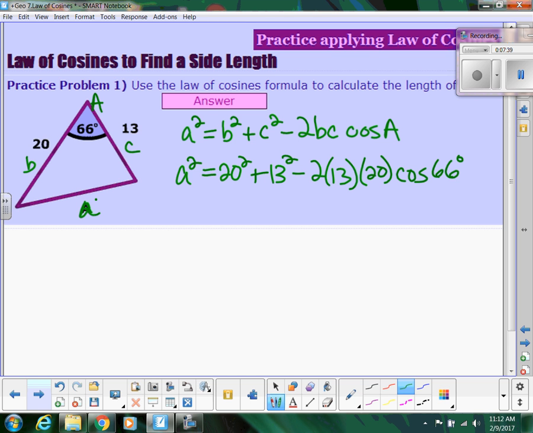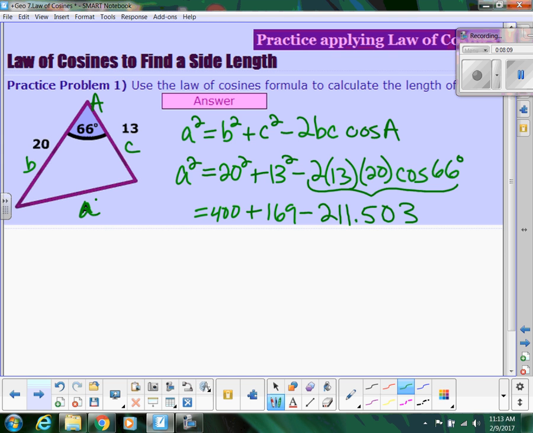All right, so the variable that we're solving for is already isolated on the left. So now we're just plugging things in. So 20 squared is 400, 13 squared is 169, and then I'm going to type all of this in at once. So I'm going to do minus 2 times 13 times 20 times cosine of 66, which is 211.503.